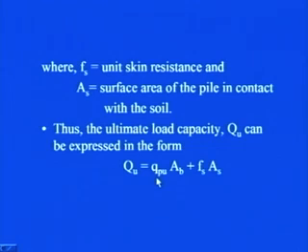Multiply them, you will get the total point bearing load, and then this f_s is the unit skin friction acting on the surface area of the pile shaft. You multiply them and you will get the total skin friction resistance.